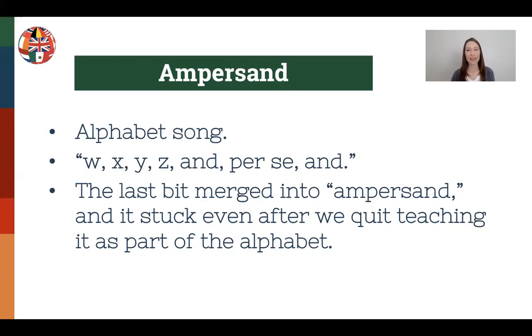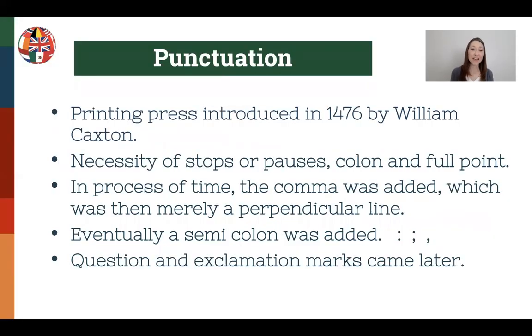And so that last little bit merged together into ampersand, and that is the name that stuck, which is so interesting. Even after we quit using that song to teach the alphabet, that's what we called the ampersand.